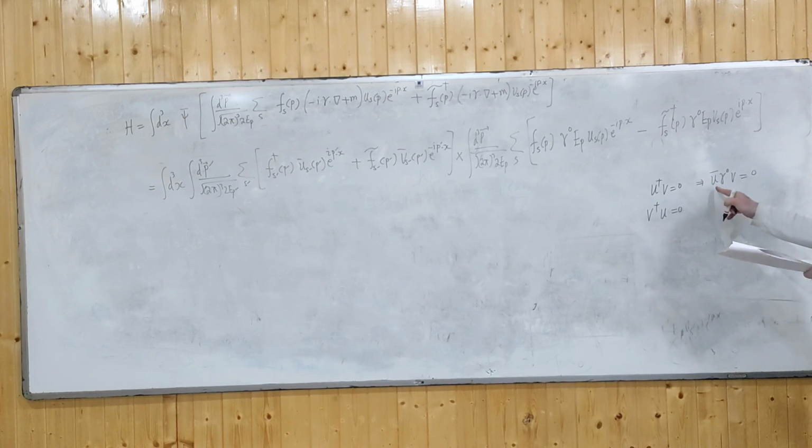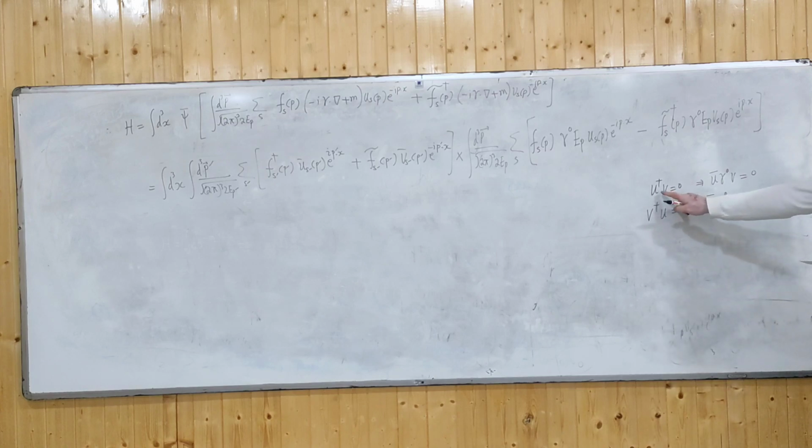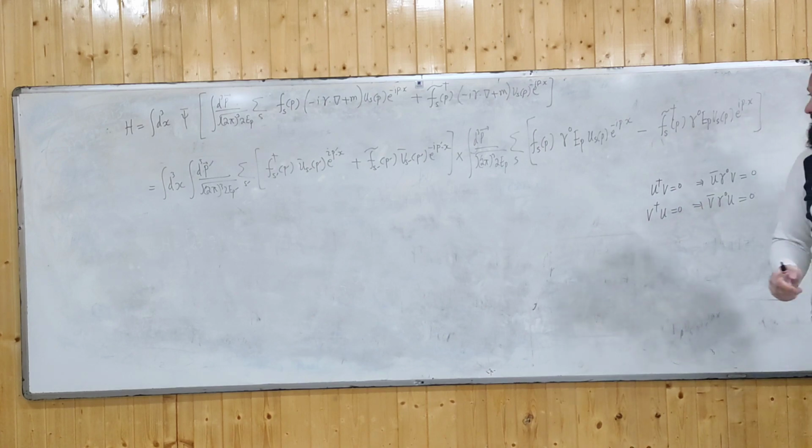Yes, gamma naught square is 1. So this means v bar gamma naught u is equal to 0. But the momentum argument should be the same. Now, can you do the space integration?